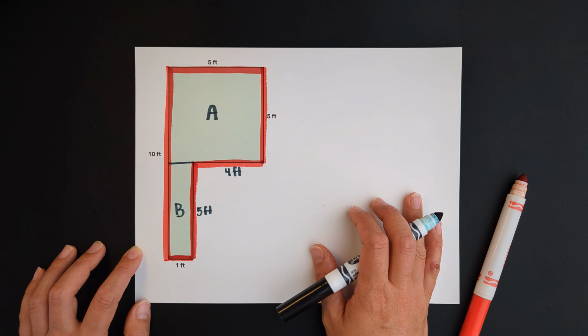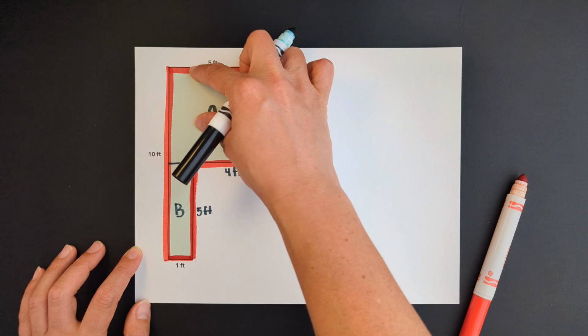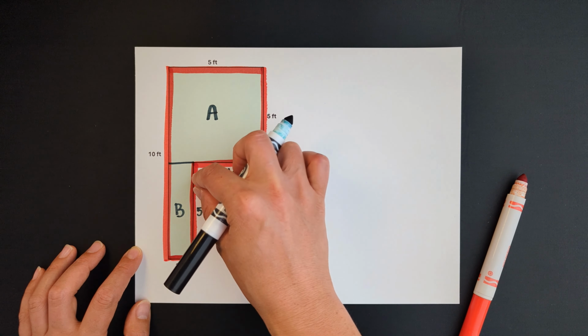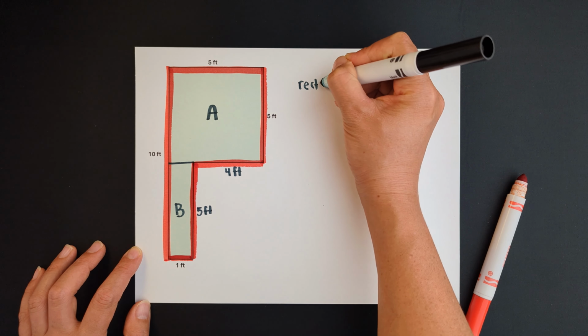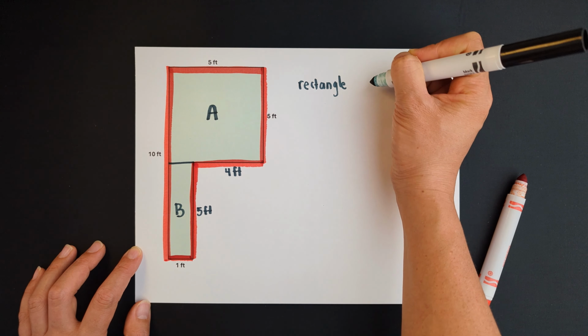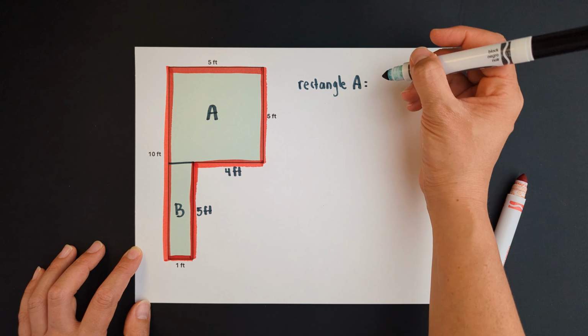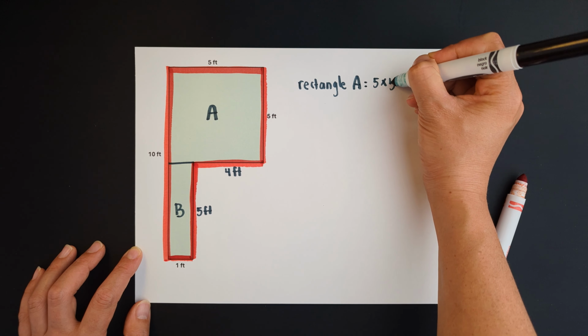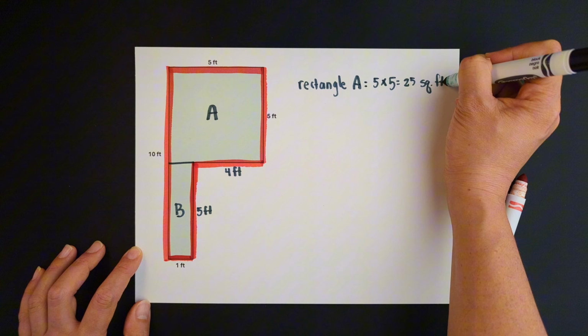Step 2 is to find the area of the 2 or more shapes that you've created. So I'm going to find the area of just this part A and then just this part B. So rectangle, or more specifically, we can call it a square, but I'm just going to label it rectangle for now. Rectangle A is 5 times 5, the area. So that's equal to 25 square, in this case, feet.